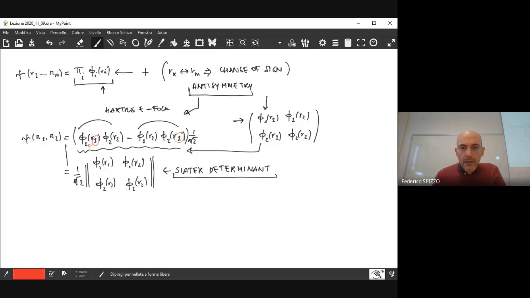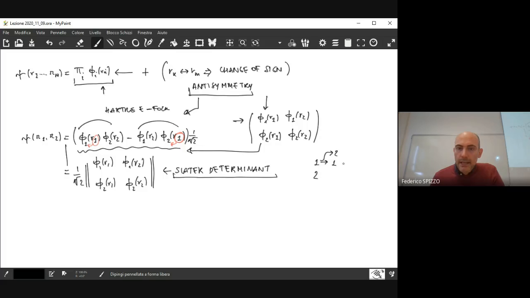In this case, coordinate 1 is associated to level 2. So starting from level 1 and level 2, in one case, we associate 1 to 1. In the second case, we associate 1 to level 2.